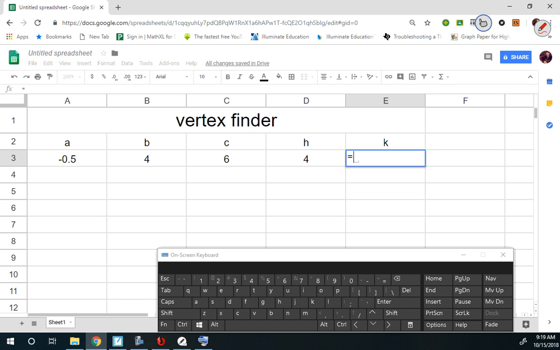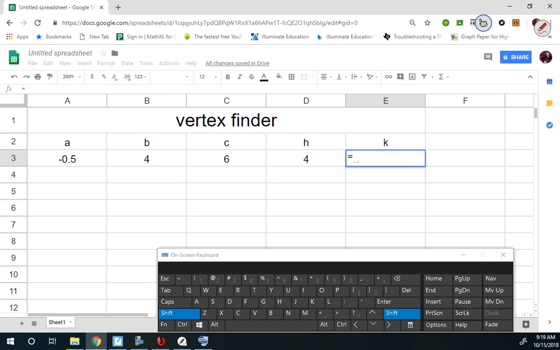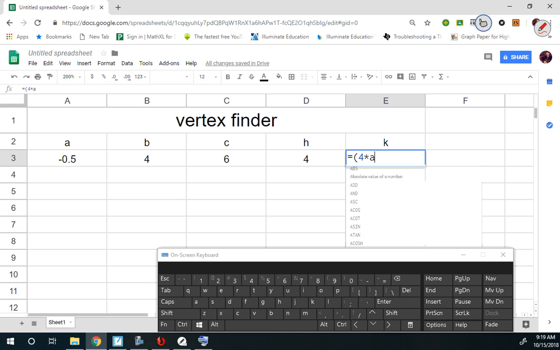K value is in the numerator 4. I need my asterisks. 4 times A, which is going to be A3, times C, which is going to be C3, minus B, which is going to be B3, and that gets squared. That's all my numerator.